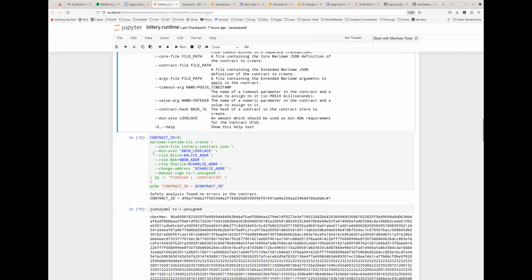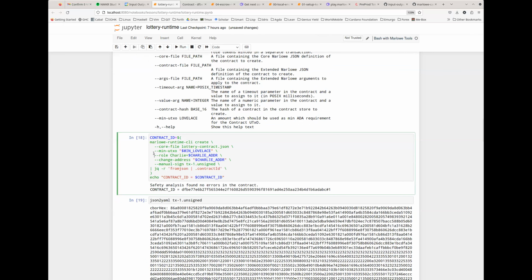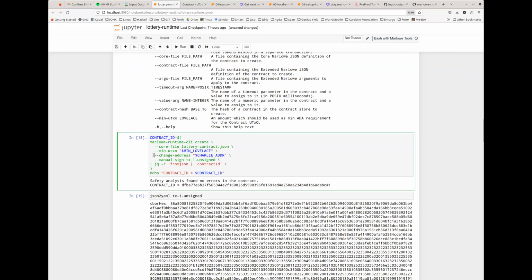Let me just delete this here quickly. Right, so you call create, then the JSON containing the contract, this minimum UTXO that we set to 2 ADA. Change address: I explained before, because of the way that UTXO works, transactions often send some change back to the creator of the transaction.